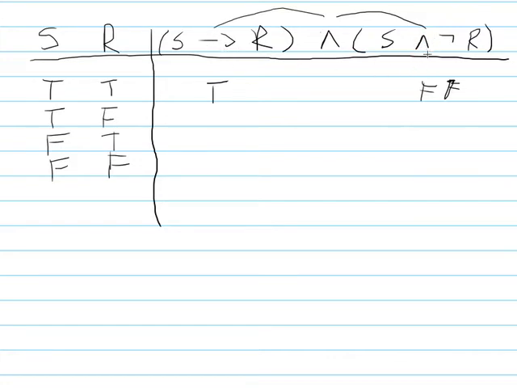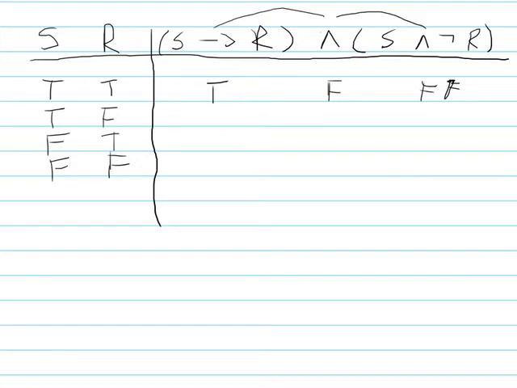And because one of the conjuncts, this one, is false, the entire thing is false. So we know so far that this is not a tautology because there exists one row on which it is false. But we still don't know whether it's a contradiction or whether there is another row in which it's true. So we have to fill out the rest of the rows.